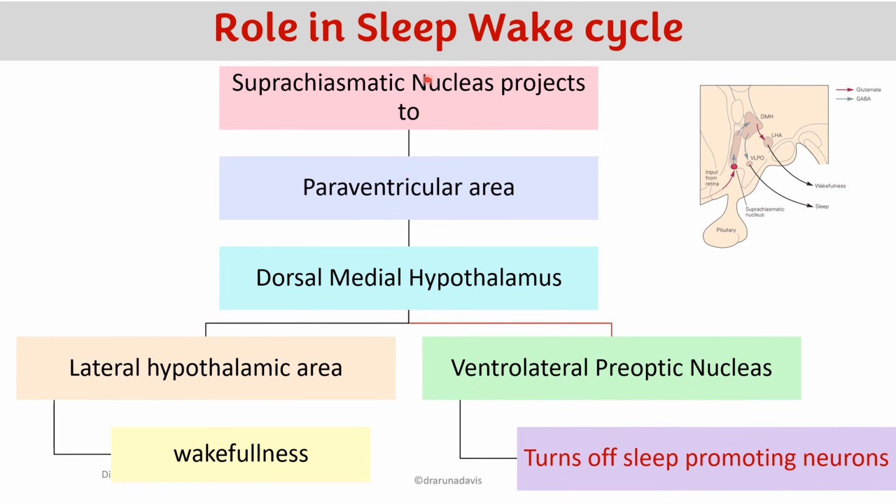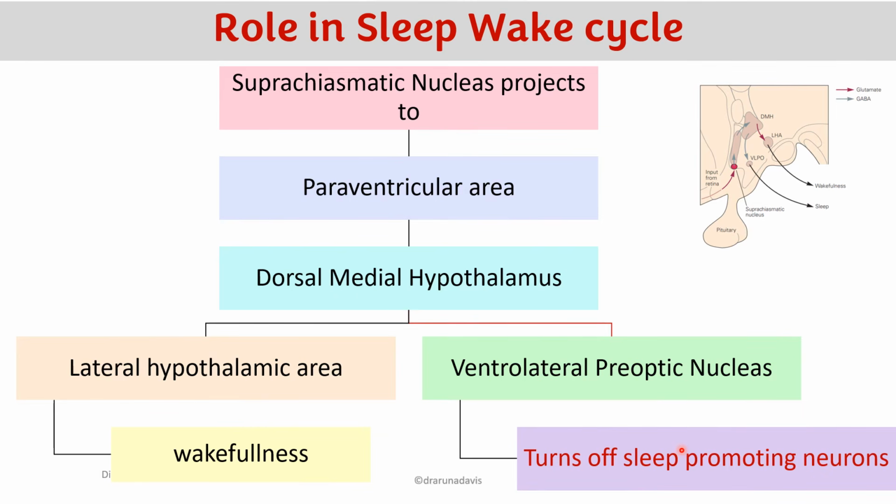Suppose the retinohypothalamic tract is active, that is, if it is daytime, what happens? The suprachiasmatic nucleus will inhibit the dorsomedial hypothalamus, so that the lateral hypothalamic area will be stimulated and the ventrolateral preoptic nucleus will be inhibited. So there will be wakefulness and turning off of sleep-promoting neurons.